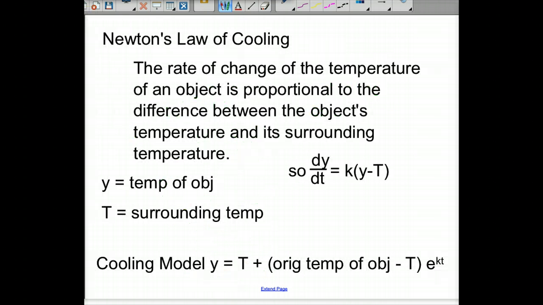Newton's law of cooling. You may have learned about it in your science classes, maybe not. It works for anything that's just sitting around cooling. It states that the rate of change of the temperature of an object is proportional to the difference between the object's temperature and its surrounding temperature. So this right here, derivative of y with respect to t, that's the rate of change part.